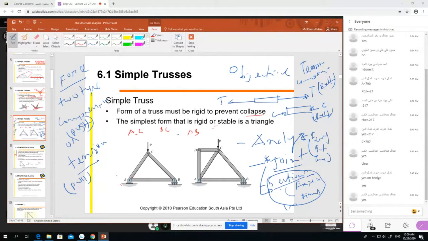So each will be compression or tension. We don't know yet. Compression or tension, how much load? We don't know. We have to analyze.